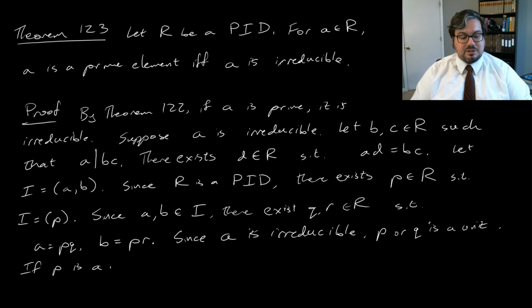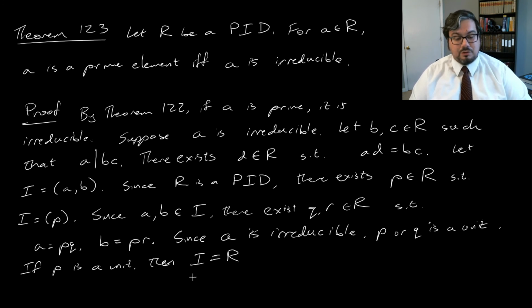So if P is a unit, then that means that I is an ideal containing a unit, which means that I, in fact, has to be the whole ring R by an exercise.